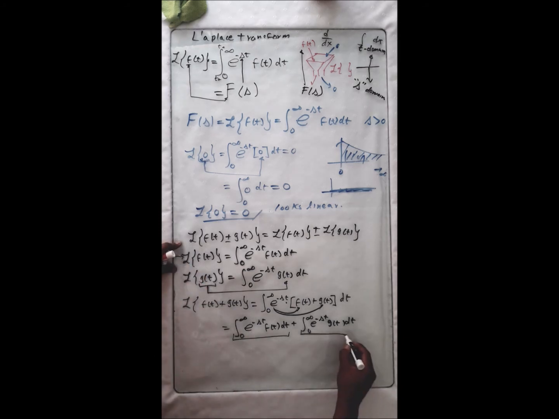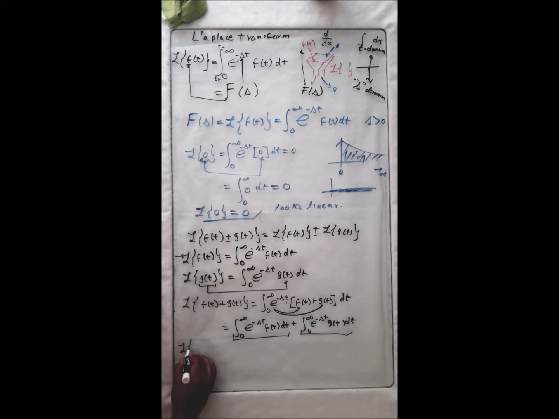And what is this? That is exactly the definition of the Laplace transform of g of t. So that means that the Laplace transform of f of t plus g of t is equal to the Laplace transform of f of t plus the Laplace transform of g of t. Okay, so we have proven that no matter if you do it together or separately, they happen to be the same.